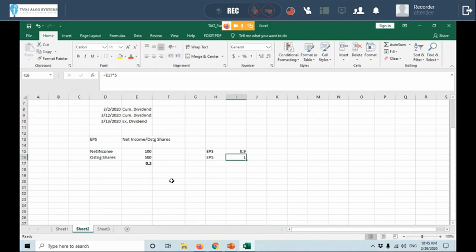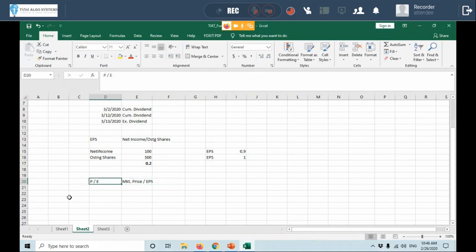This is one impact on EPS. We have one valuation ratio called price to earnings. What is this ratio? Market price divided by earnings per share.